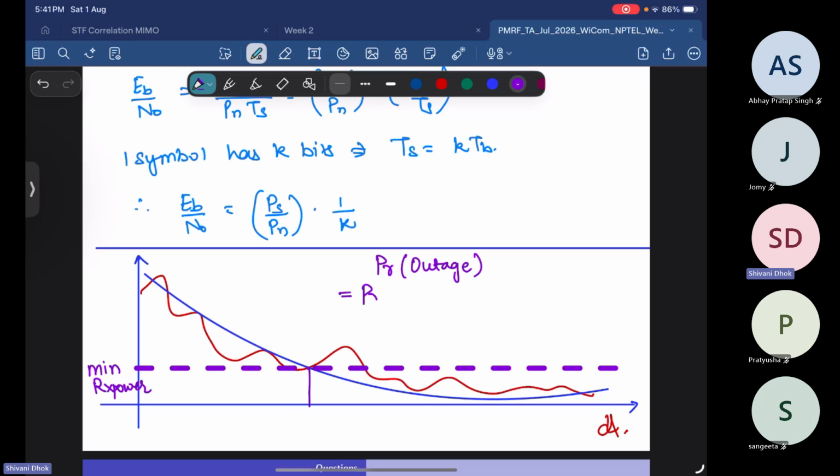So this is the probability that your received power is less than your receiver sensitivity or some threshold. This is the basic equation for outage.